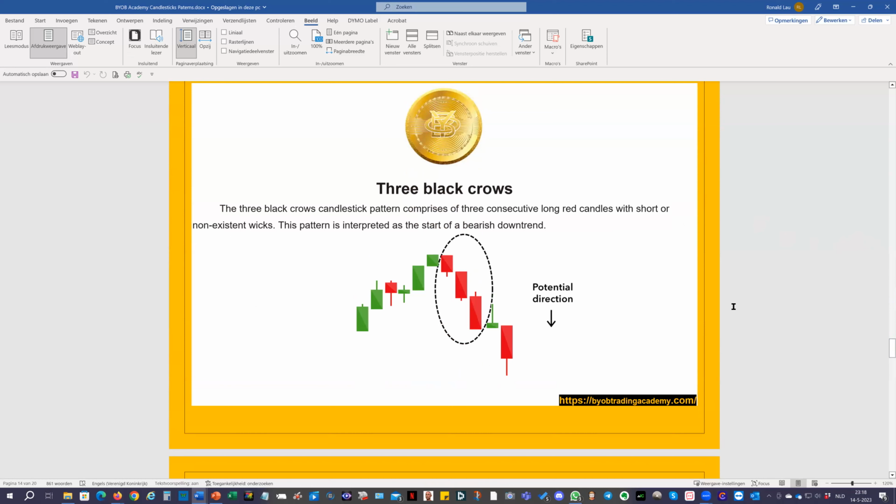Here, the three black crows. If you remember, we have seen the three white soldiers, and this is the opposite of it. After the market has gone up, we can see here it's coming down with three candles that are getting bigger. And this we call the three black crows.